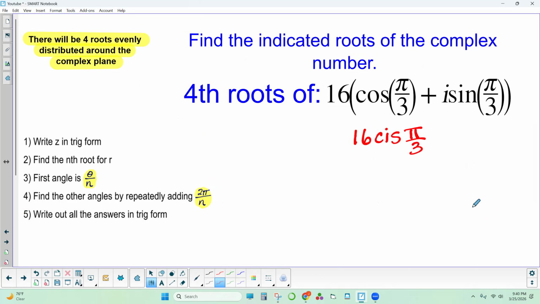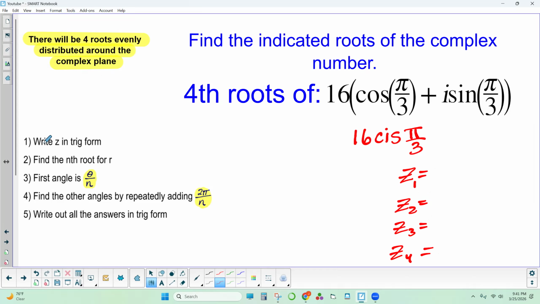And I'm going to find the fourth root. So remember, what does that mean? There will be 4 roots evenly distributed around the complex plane. So 4 roots, 4 answers. So I'm going to write Z1 for my first root, Z2, my second, Z3, and Z4.